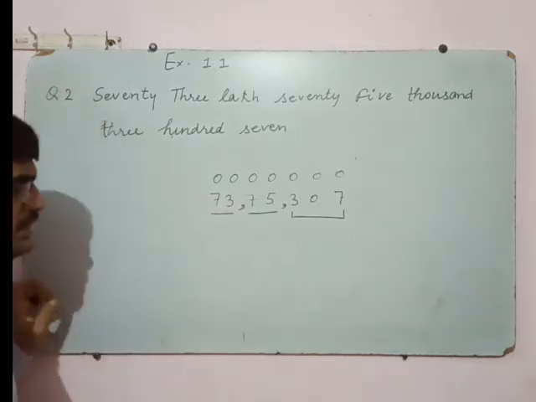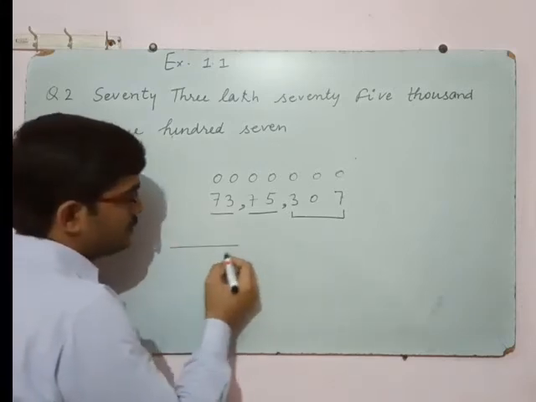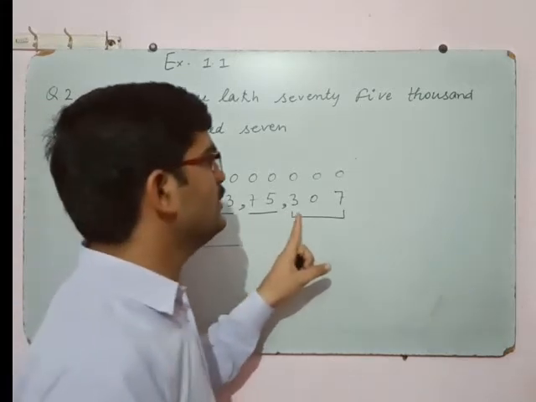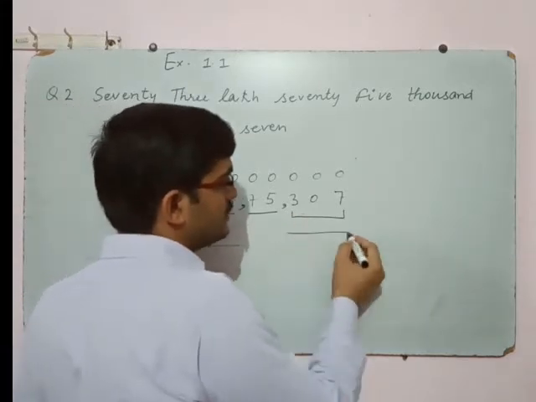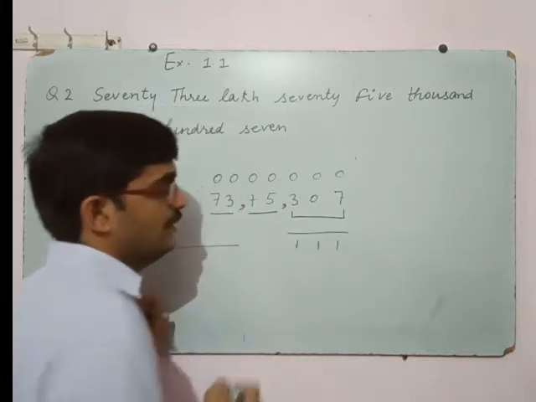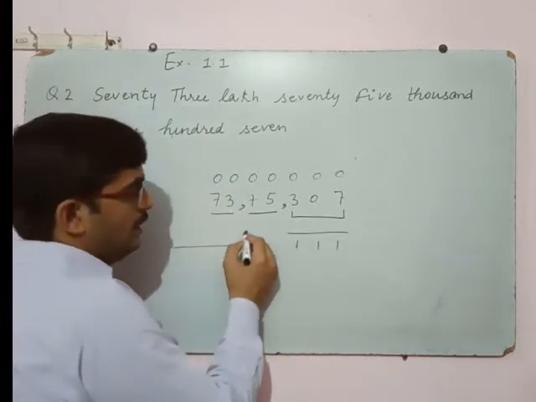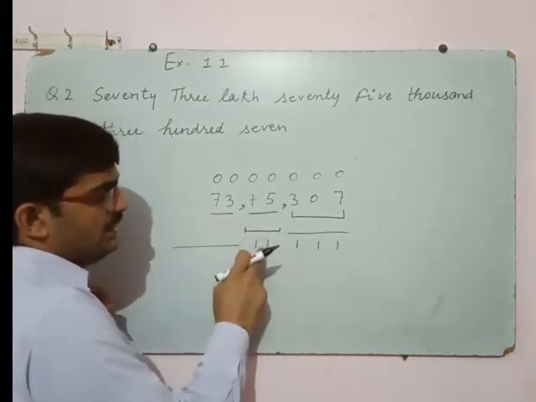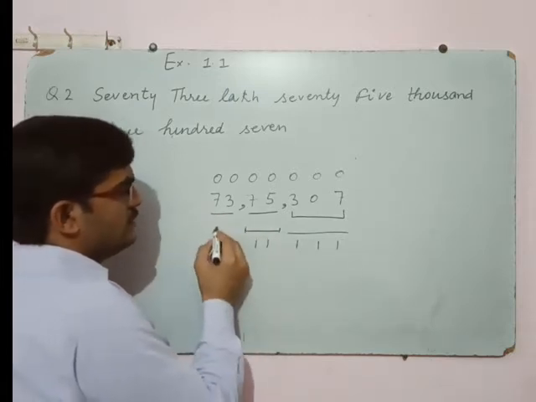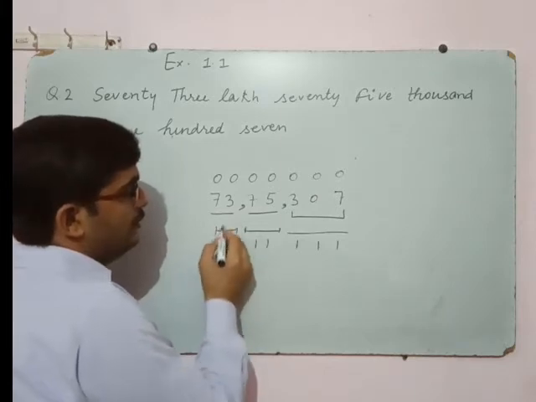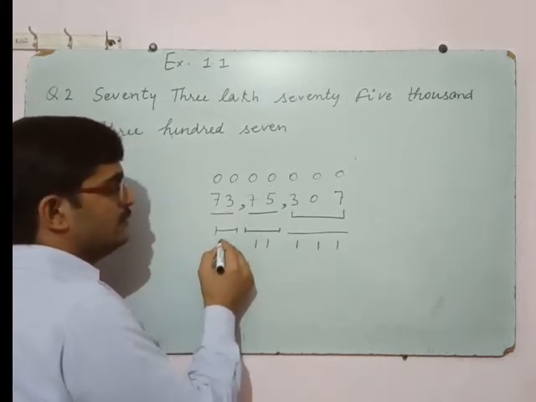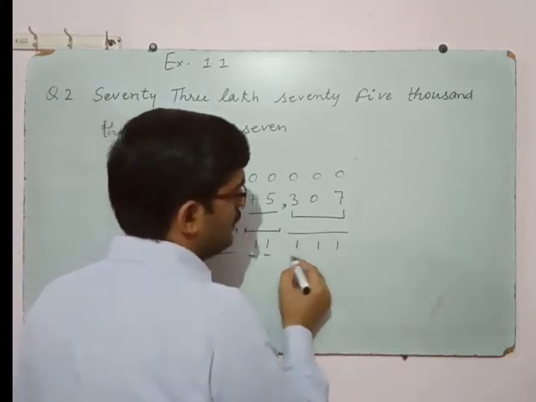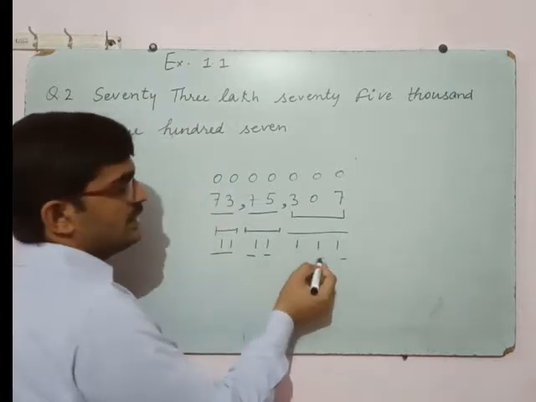In the international system there are 3 places in each period, but in the Indian system, in the first period there are 3 places: ones, tens, 100. Okay. Next periods have 2 places: 1000, 10,000, and the next period also has 2 places: lakh, 10 lakh.